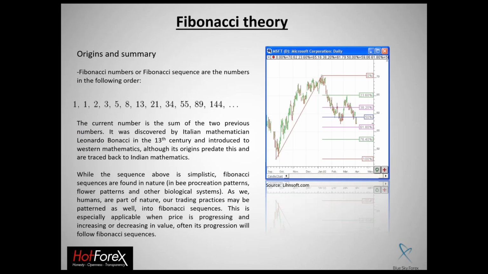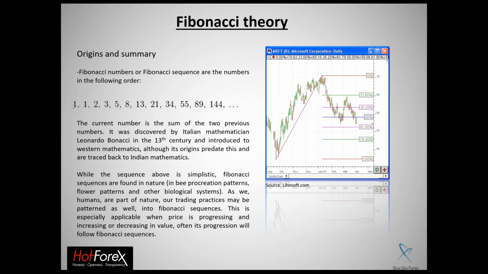So, what is Fibonacci theory? It's really simple, right? Every next number is the sum of two previous numbers. Just to simplify it, you can see the sequence here on the left side as well.